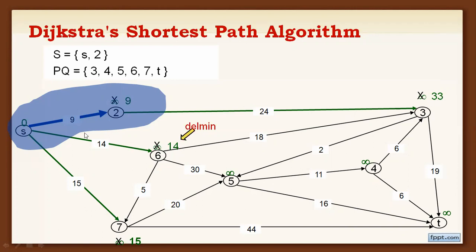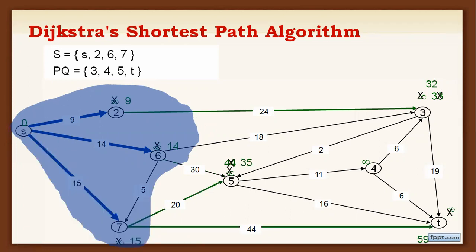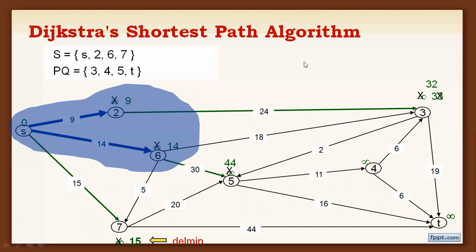Observe here. If you want to find out the minimum cost from S to 3 through vertex 2, it is 33. The same way from S to 6 to 3, 33 is replaced with the minimum cost of 32. So this is another way of calculating the distance.